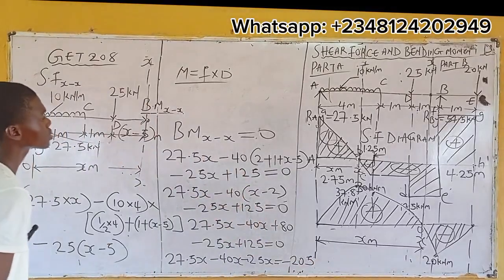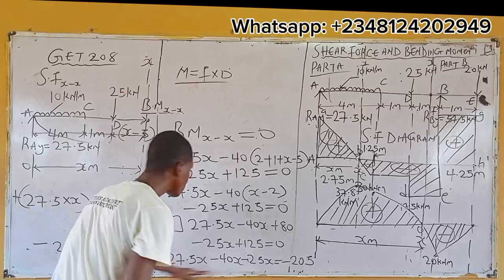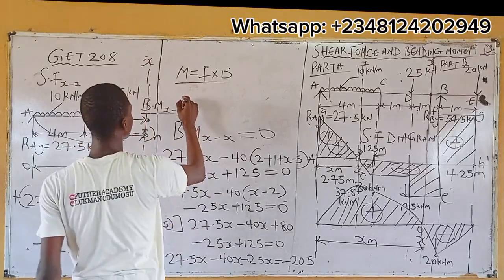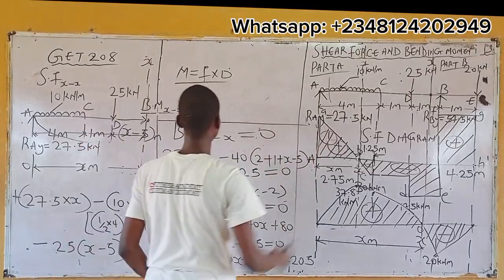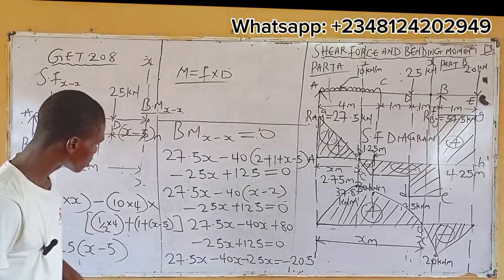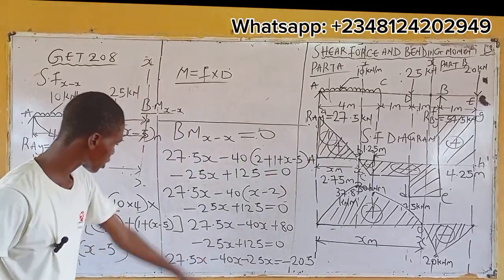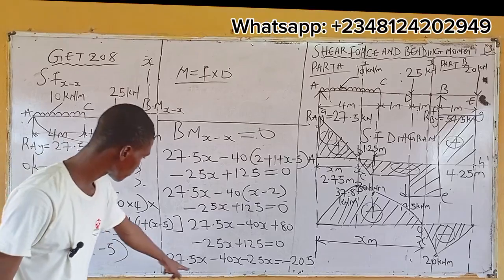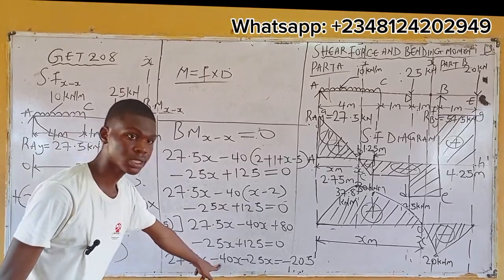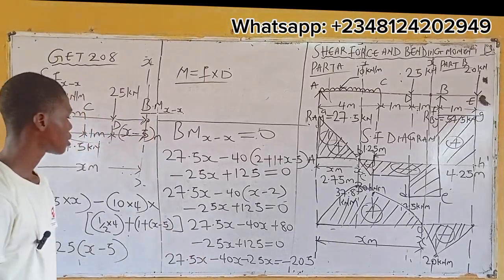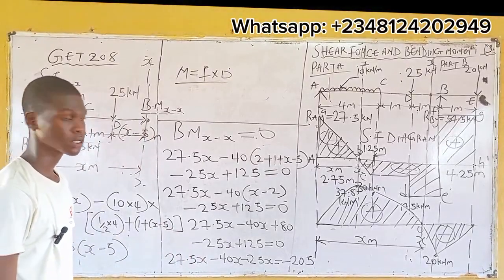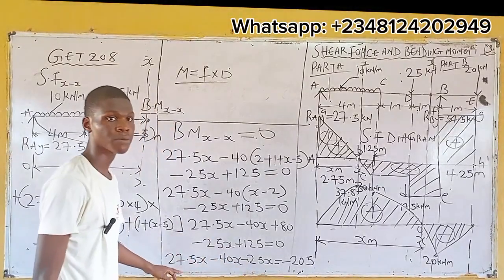Any question on that? From here, the algebraic sum of all this is what? Minus 39.5, right?